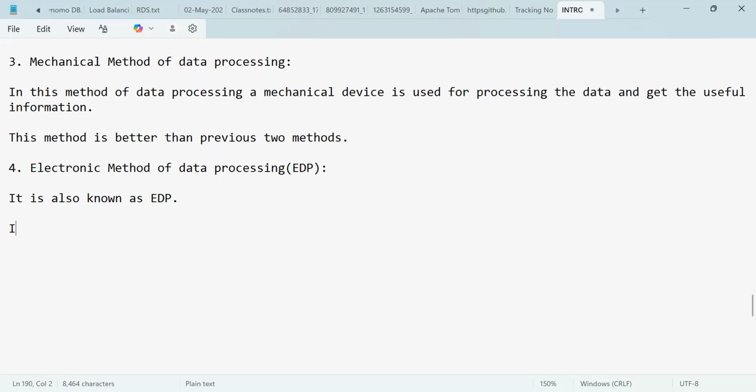So in this method of data processing, an electronic device is used.